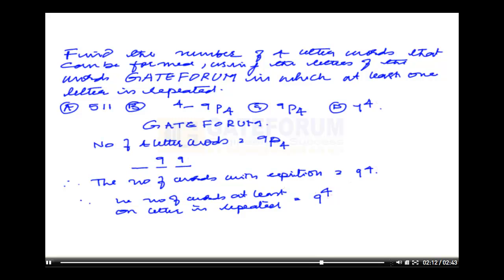From this we subtract the number of words which are not repeated. Therefore, the remaining words will give you the words in which at least one letter is repeated. Hence, your answer in this case is 9 raised to 4 minus 9P4.